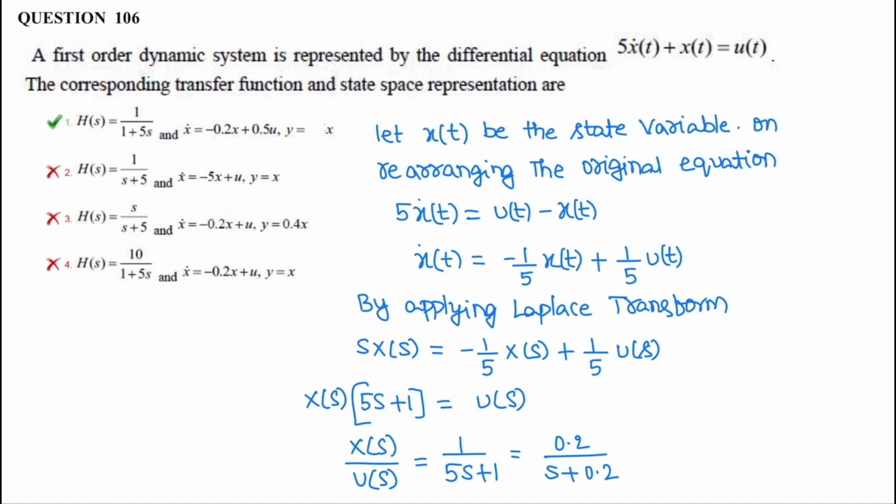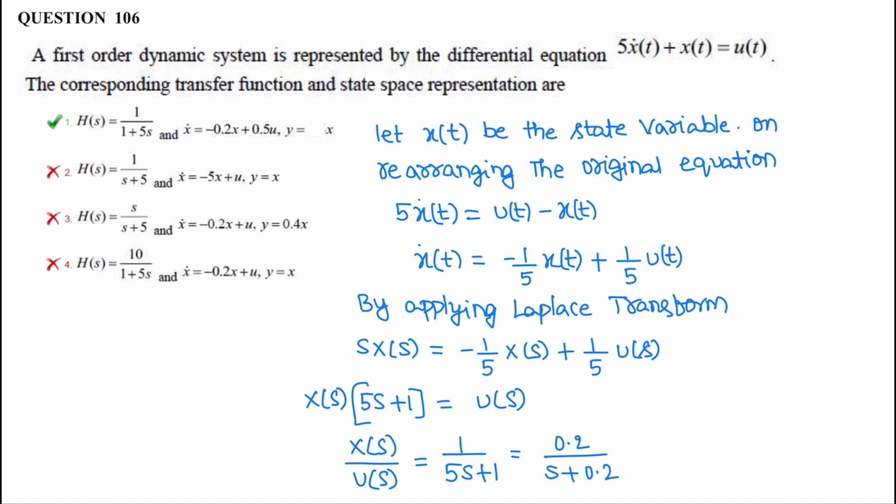On rearranging the original equation, we will have 5 x dot of t = u of t minus x of t. Take x of t to the right hand side, that is x dot of t = minus 1/5 x of t + 1/5 u of t. Rearranging the given equation, apply Laplace transform.